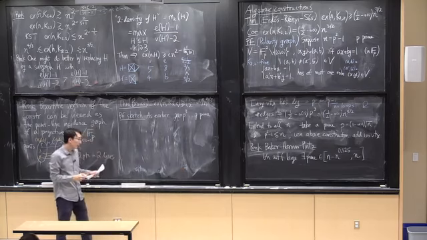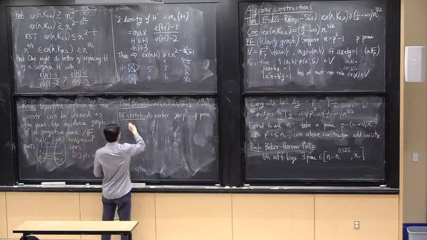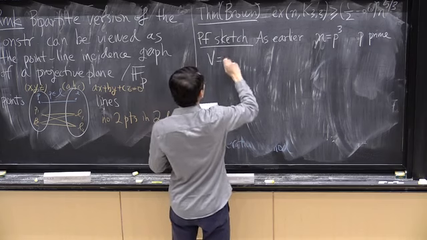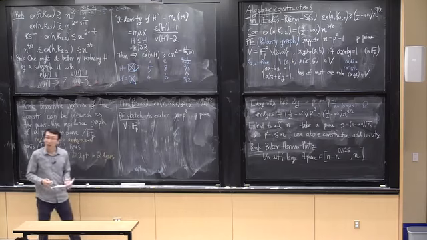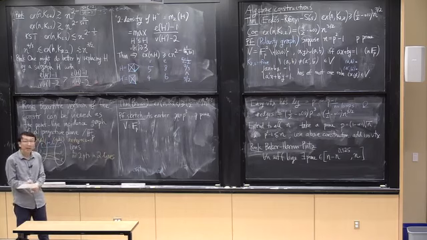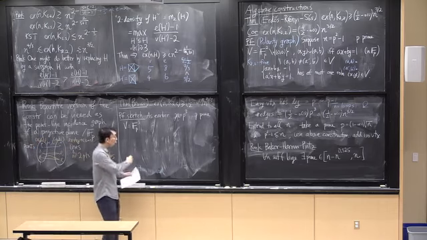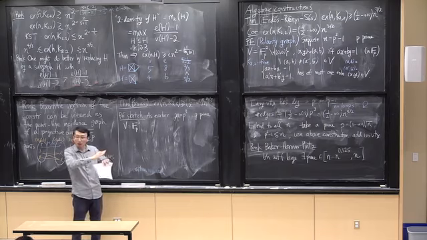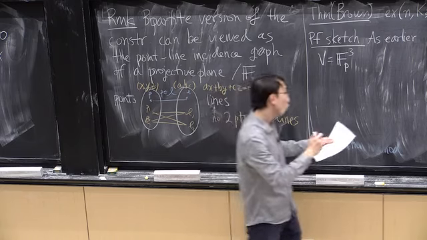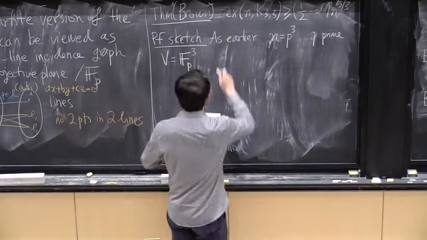I'm going to put as edges. So first, the vertices of my graph are going to be points in the affine plane over Fp. Previously, the edges had to do with lines. And now, let's use spheres.